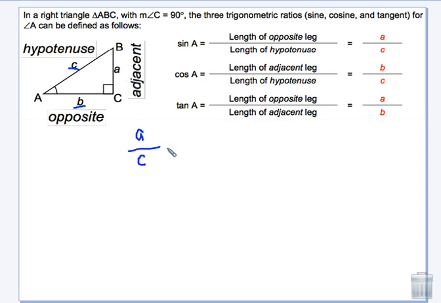So notice that this is for cosine B. I know I've said a lot of B's and A's, and it's like, how can I keep track?